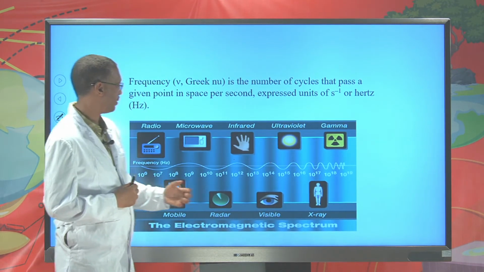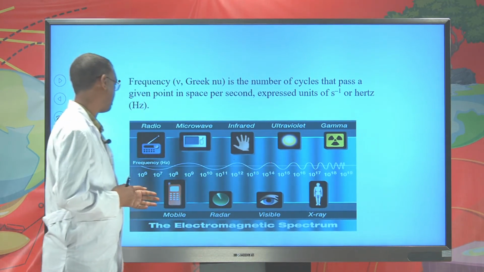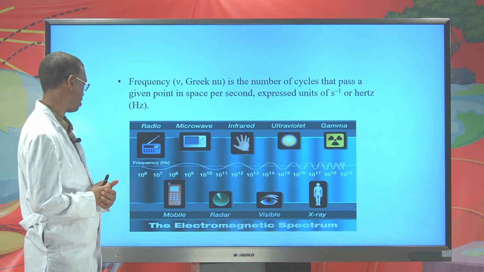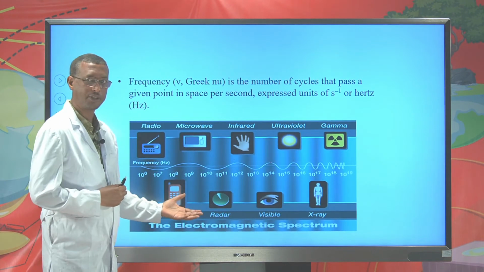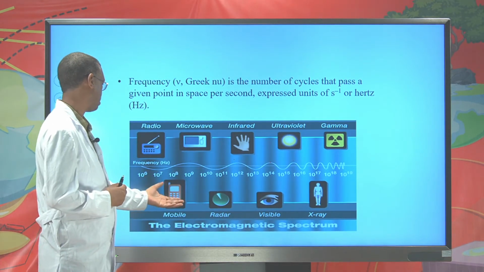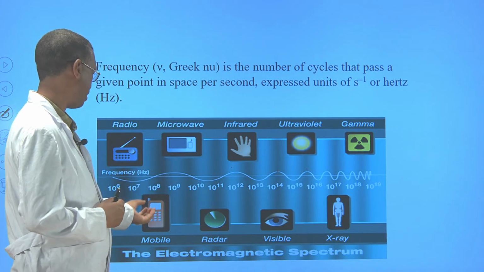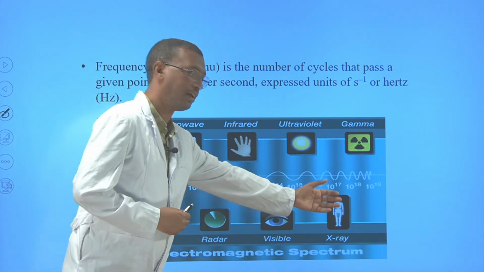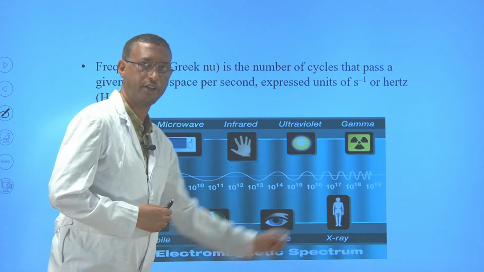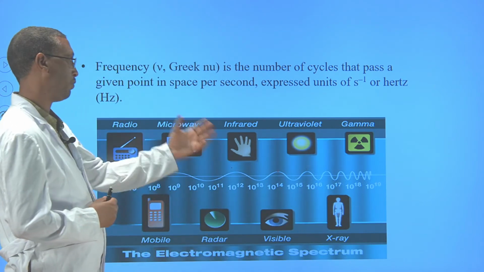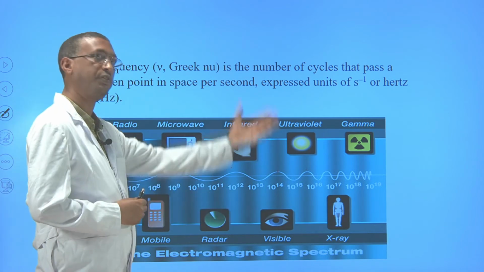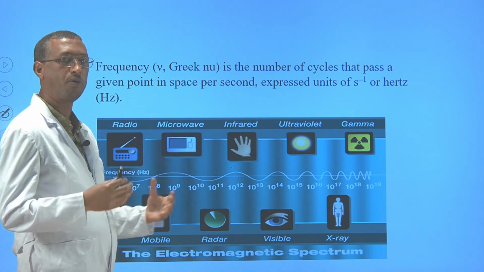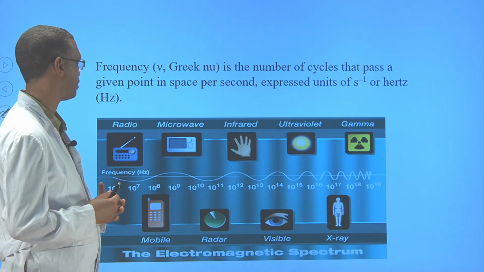So here are some forms of electromagnetic radiation, for example, the electromagnetic radiation we use in mobile phones, in radars, even in X-rays. The visible light is also a form of electromagnetic radiation.